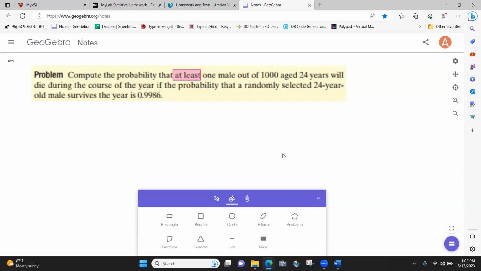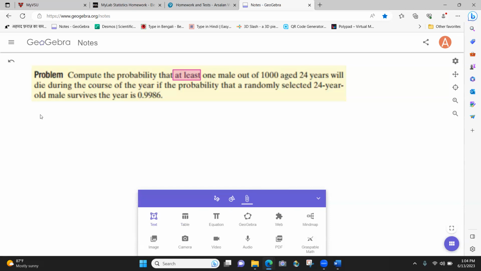What's the opposite of at least one will die? The opposite, meaning complementary, is no one will die. Got it? So I'm going to do this problem carefully. The event is at least one dies. The complement of that is the probability that no one dies in that group. I'm just talking about that group. No one dies. Okay.